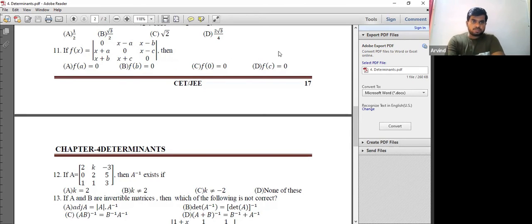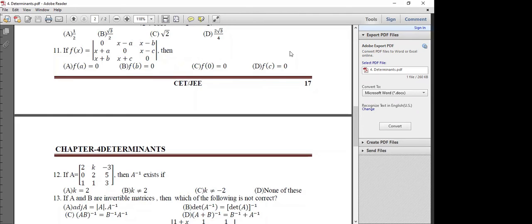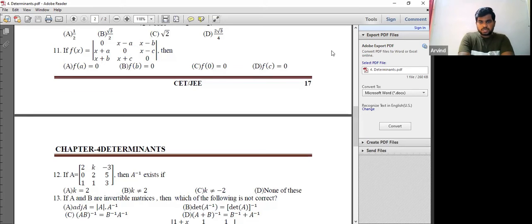If f of x is equal to the determinant with entries 0, x minus a, x minus b, x plus a, 0, x minus c. Directly find it, don't use any properties here. You can also use them, no issues, but find the value of the determinant.